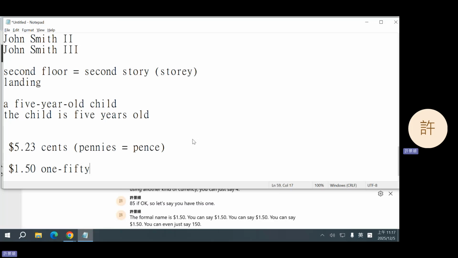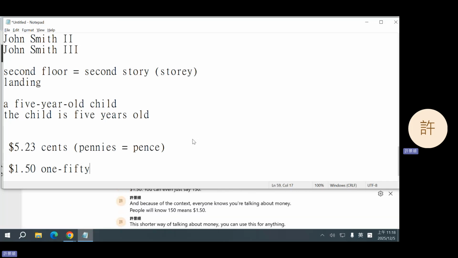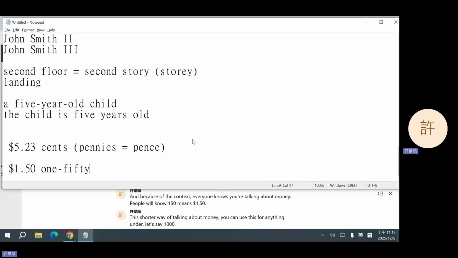And because of the context, everyone knows you're talking about money. People will know 150 means $1.50. This shorter way of talking about money, you can use this for anything under, let's say, 1,000. But over 1,000, it gets more complicated. You have to say the full amount.